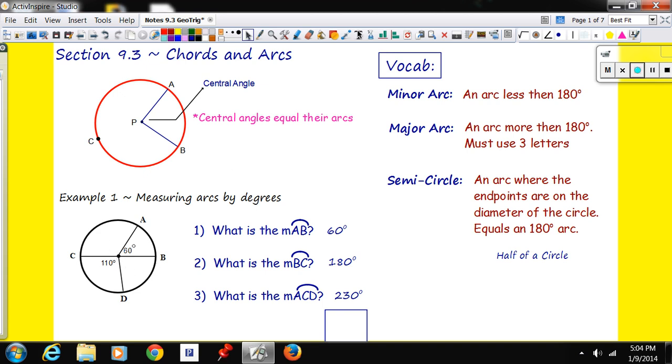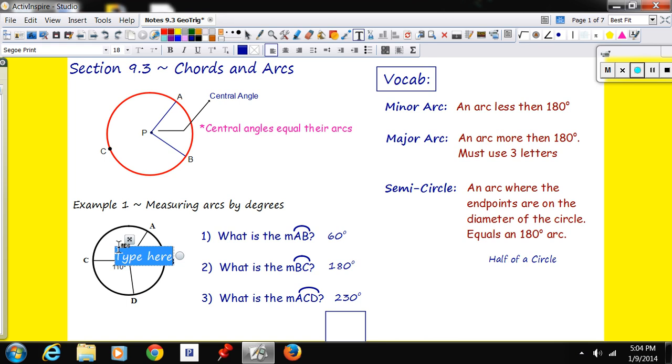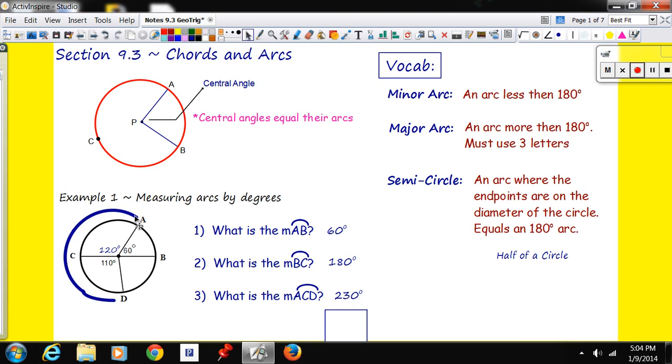So if this is 120 right in here, then 120 plus your 110, this angle is going to be 230 degrees. You can see this arc right here is going to be a 230-degree arc because this angle was a 230-degree angle. Angles that are in the center are equal to their arcs. And again, you can pause it anytime you need to.